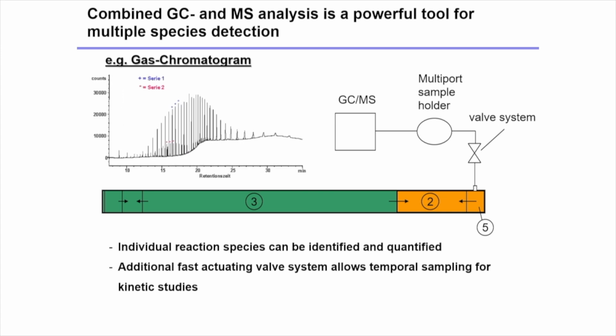We can use a gas chromatograph to suck out some gas and examine the mixture composition after ignition, for example.